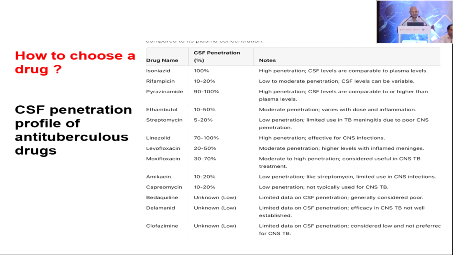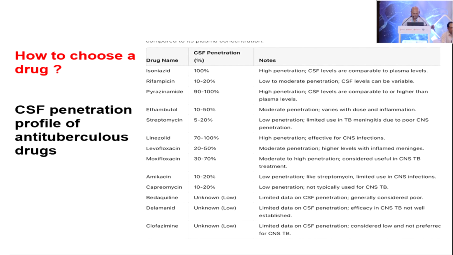So for TBM, how to choose a drug? For that we should know the drugs against which the microorganism is not resistant and that have adequate CSF penetration. I am giving the list.